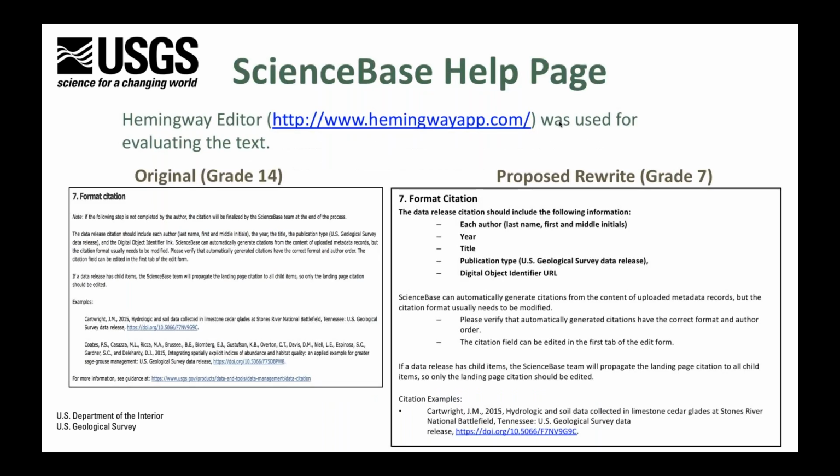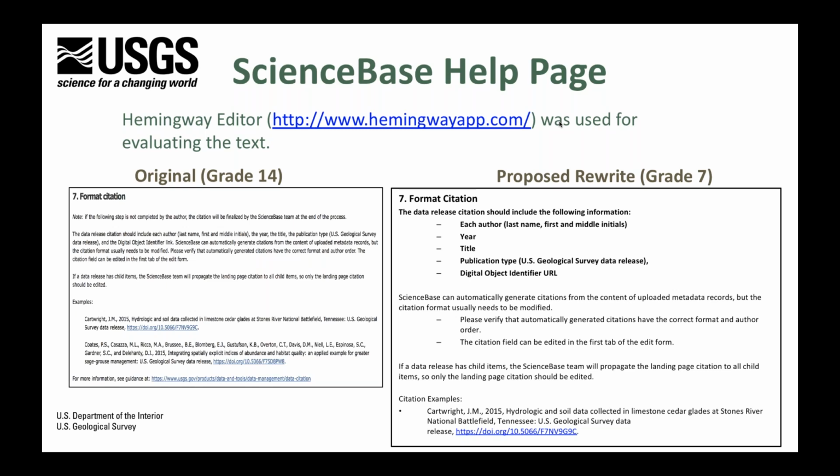And so for the Sciencebase help page, we use a web editor called Hemingway Editor. The editor allows us to, quote unquote, grade our writing, as well as to get a sense of the reading level that the text will be graded at.